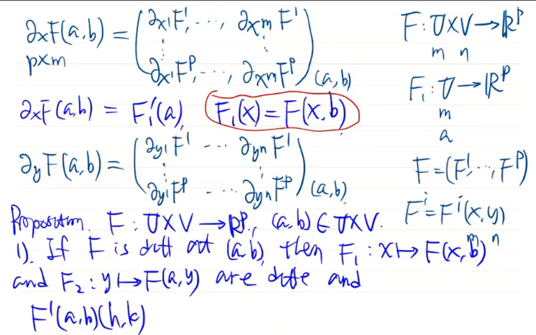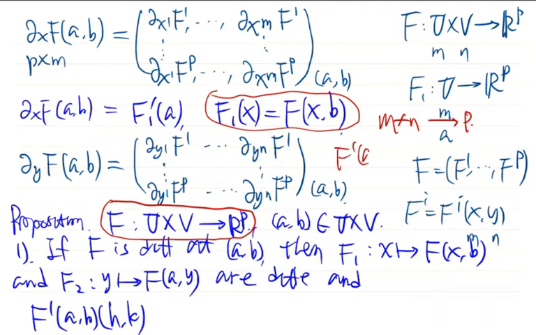Because capital F is a map from m plus n dimension to p dimensional, therefore, F'(a, b) is a matrix of p by m plus n.